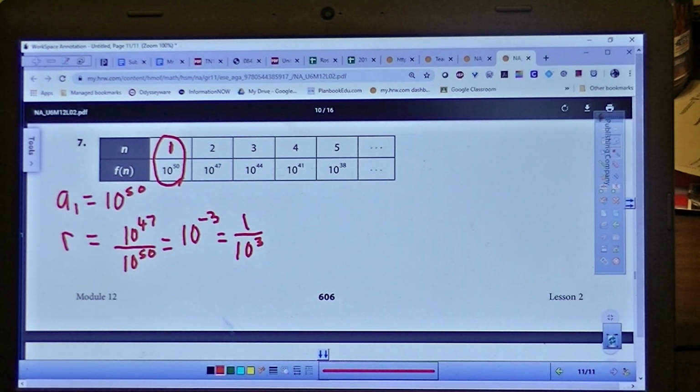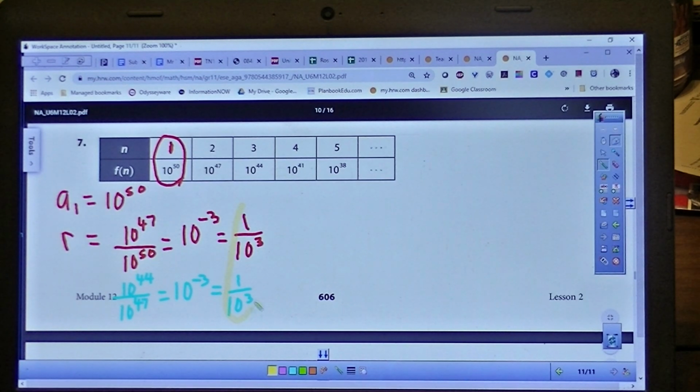Now, does that stay true for our next set? Let's see. 10 to the 44th divided by 10 to the 47th. Again, that's 10 to the negative 3, which is 1 over 10 to the positive 3. So it turns out we do have a common ratio right there.